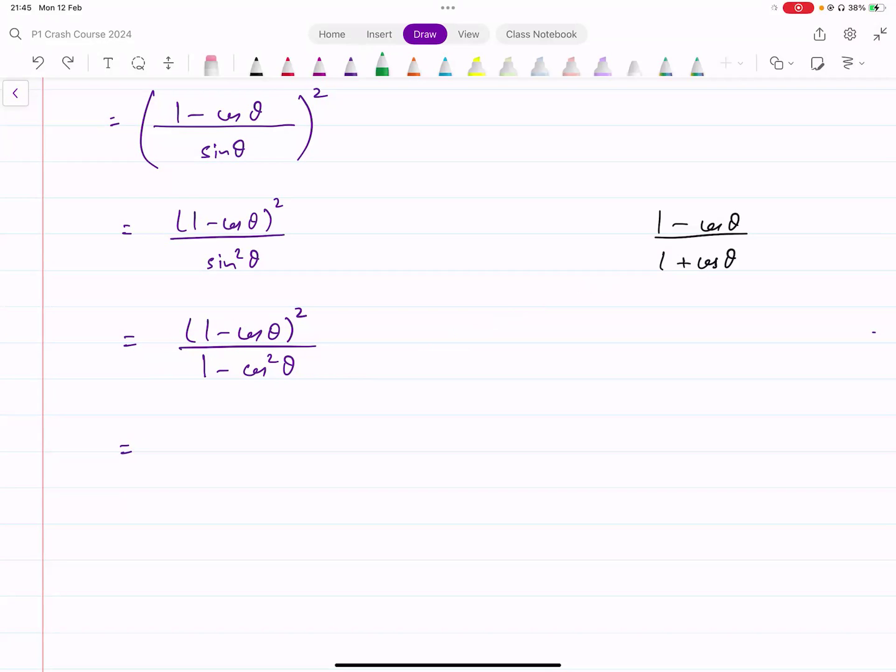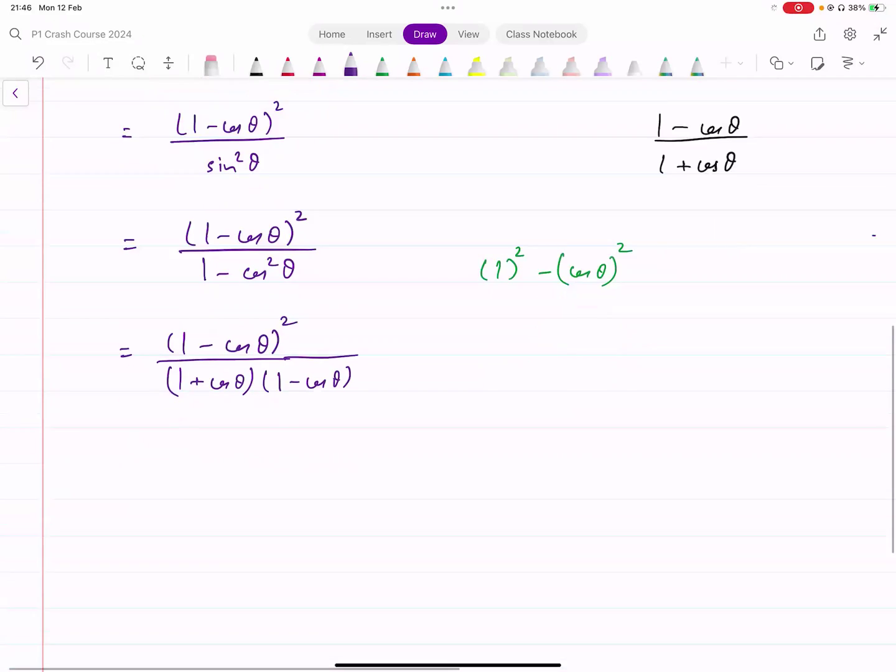Exactly. So that's very good. 1 minus cos square theta is the same thing as 1 squared minus cos theta squared. That's a squared minus b squared. So in the denominator, therefore, we can write 1 plus cos theta into 1 minus cos theta. That's a plus b into a minus b.